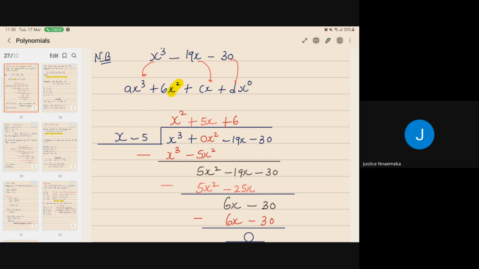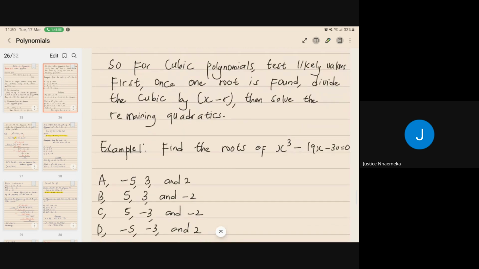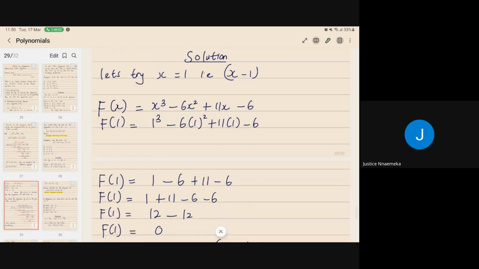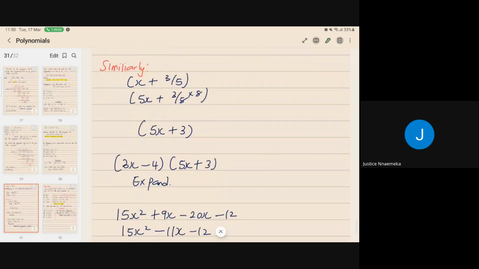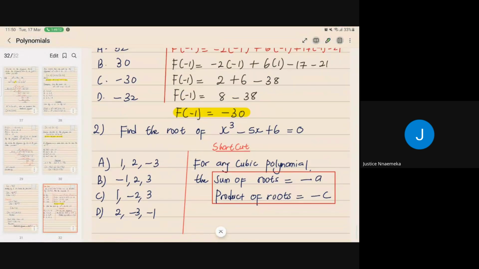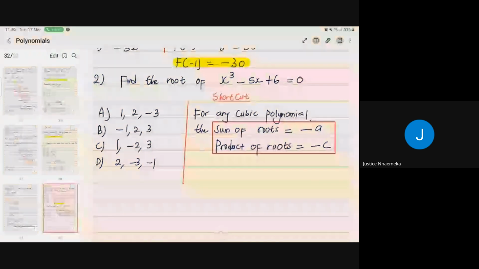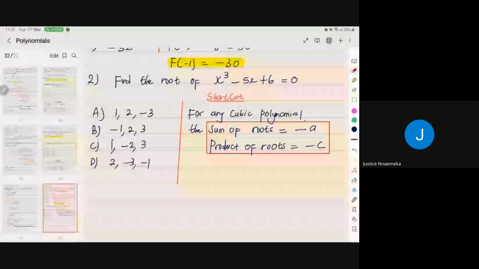Okay, that shortcut will not be a general shortcut. You only use that when terms are missing. If you notice that a term is missing, just apply that shortcut. But if that will make you make mistakes, you can as well follow the long way. In that question, a term is missing: x squared is missing, so you can use your shortcut for that one. The norm is going to be ax squared plus bx plus c.